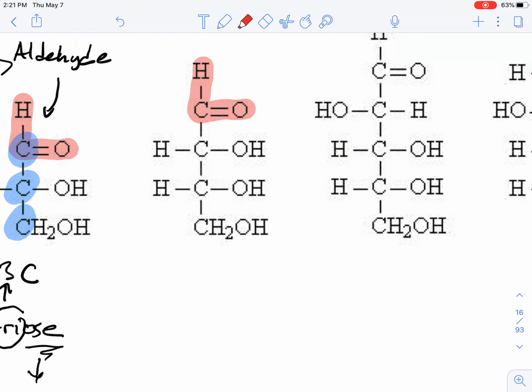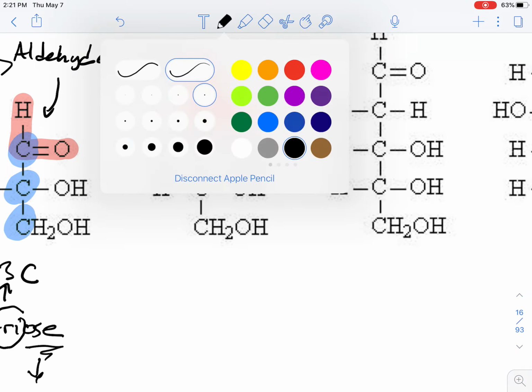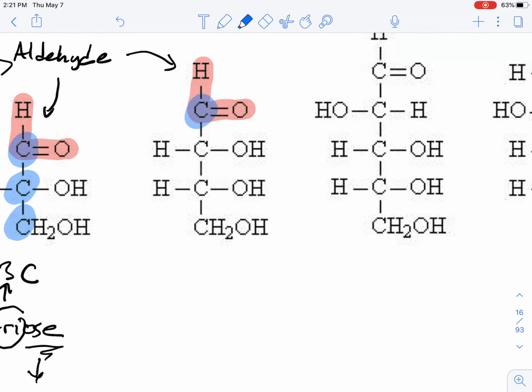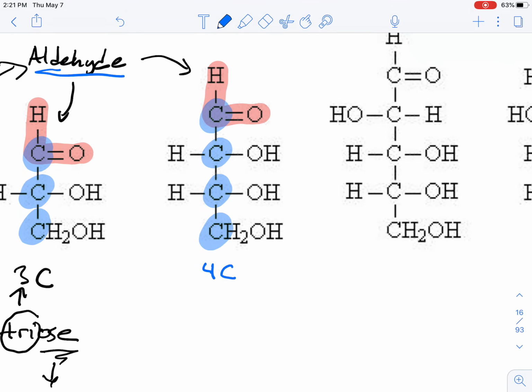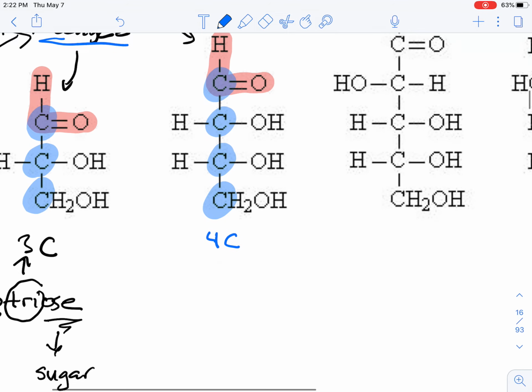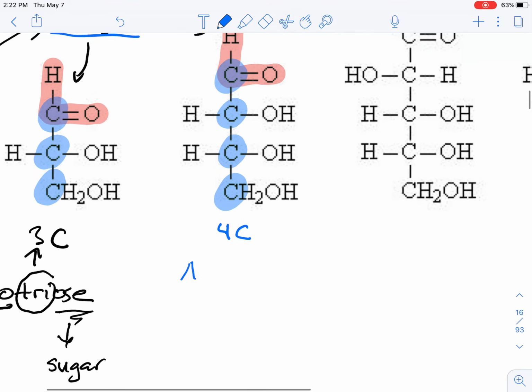Here we have another aldehyde. We have 1, 2, 3, 4 carbons. Since this is a 4-carbon carbohydrate with an aldehyde functional group, it's going to be called aldo.